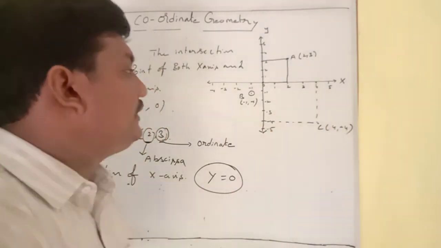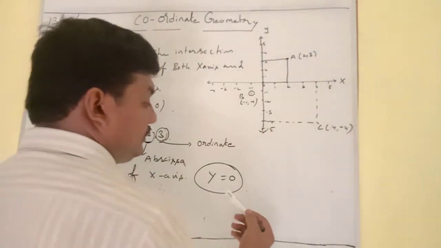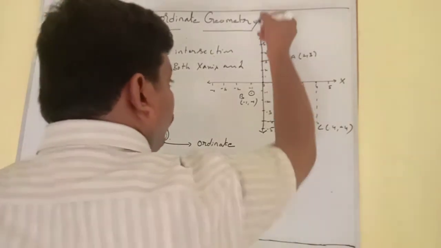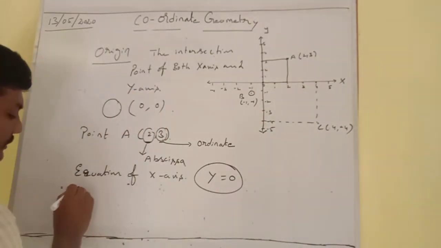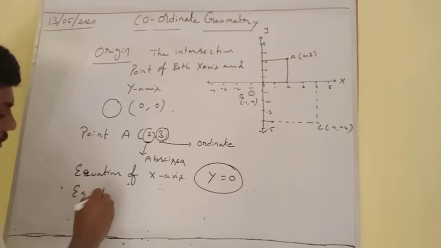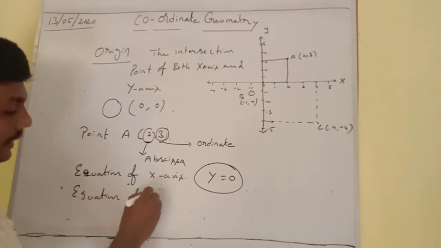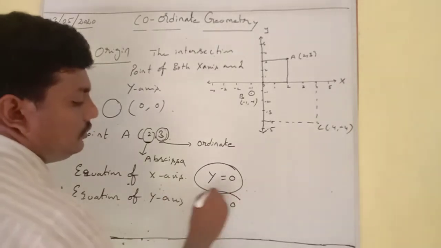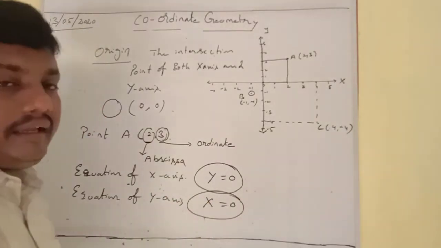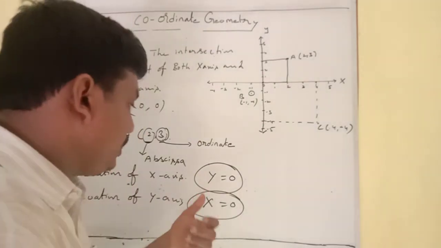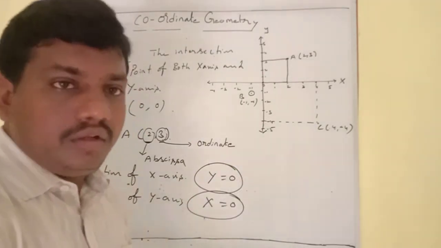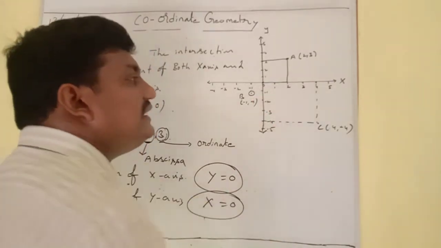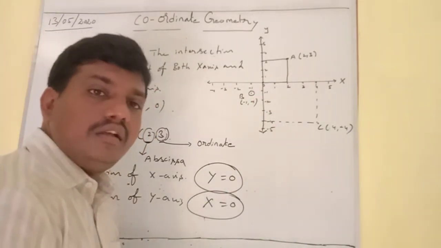That is the name of the x-axis, and its representation in equation format is y equals 0. Likewise, the equation of the y-axis is x equals 0. Then the intersection point of both, x equals 0 and y equals 0, that is (0, 0), is the origin.